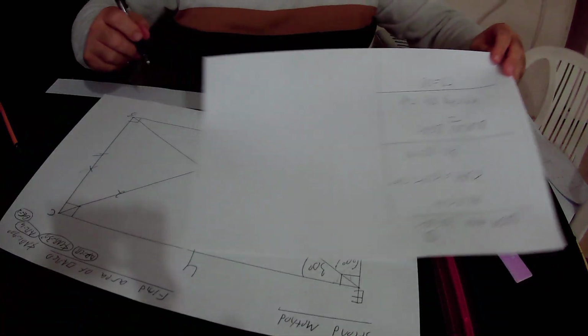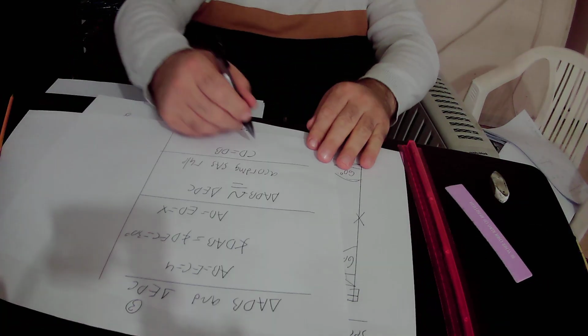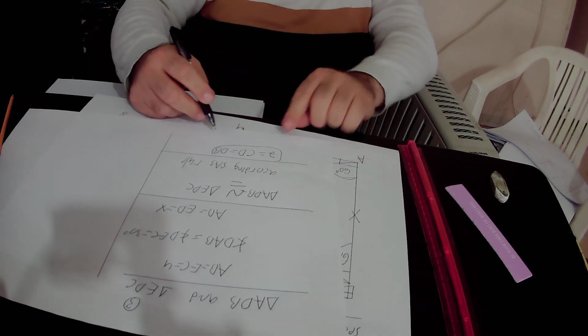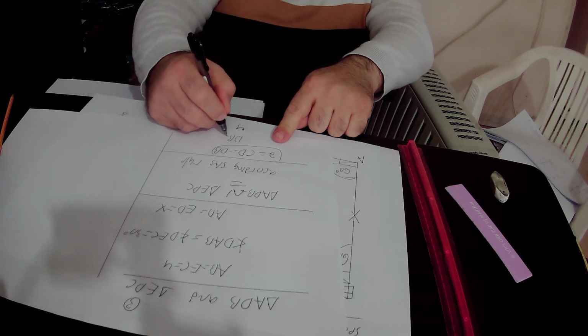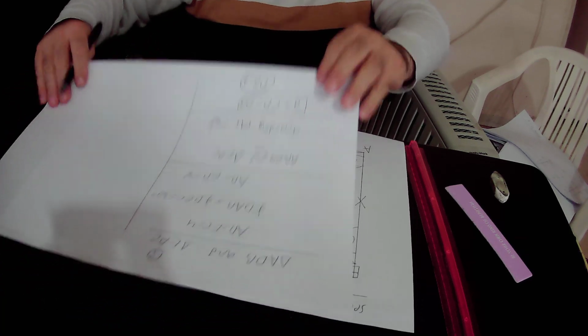But according to what is given in the question, CD equals 2 units. So we can write here that CD equals 2 units, and from this equation we will derive that DB also equals 2 units. Okay, DB equals 2 units.